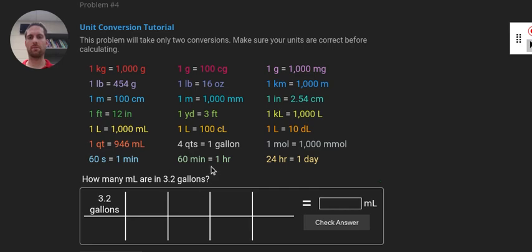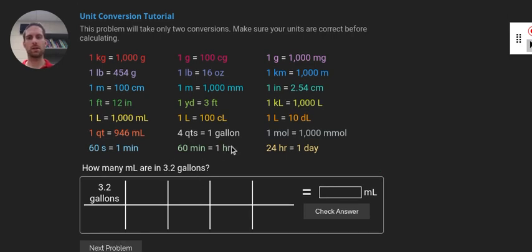Okay, how many milliliters are in 3.2 gallons? So for this problem, I want to convert from gallons to quarts. Now I want to go from quarts to milliliters. Here I get to my unit. This gallon cancels that gallon, quarts cancels that quarts, and I'm left with milliliters. So it's just going to be 3.2 times 4 times 946. 12,108.8. Oh, I did not type that in, did I?